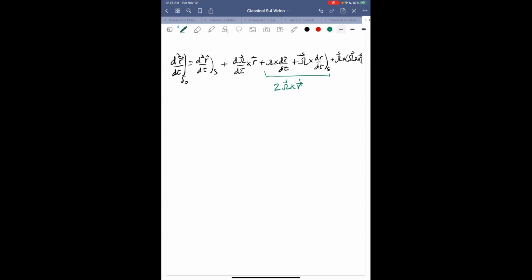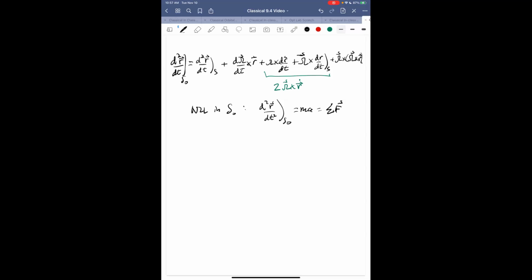We know from Newton's second law in our non-rotating frame that the second derivative of r with respect to time is equal to, well, ma, which is equal to the sum of the forces that are acting on the object. So this piece, the ma term, is sitting over here on the left-hand side.